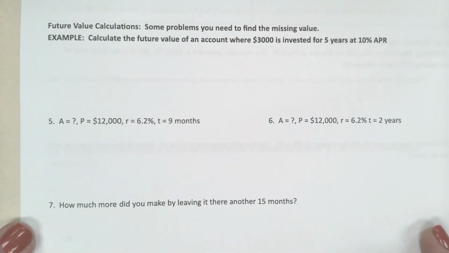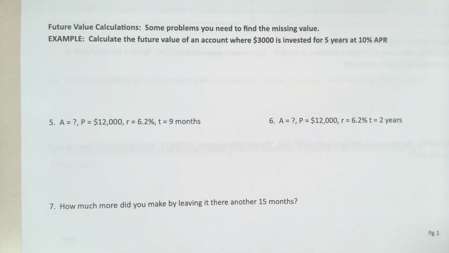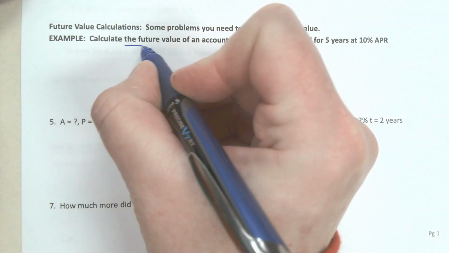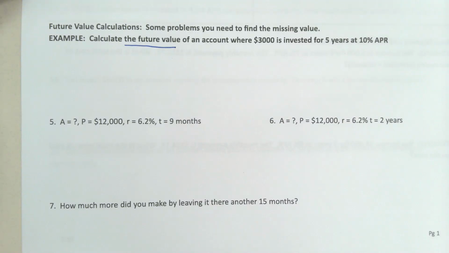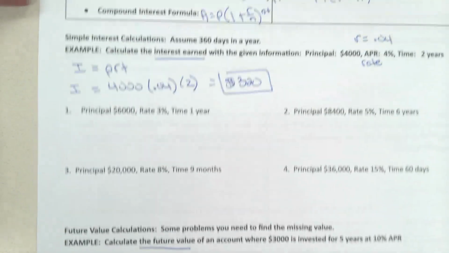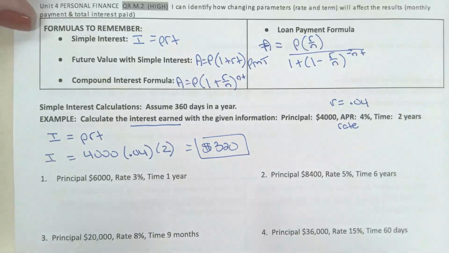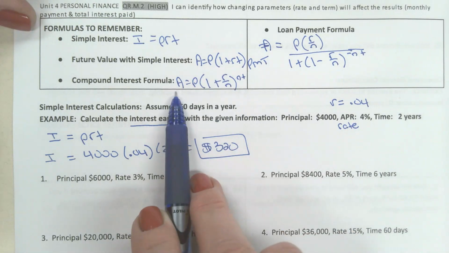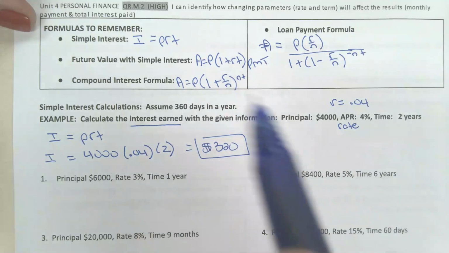Moving down to the next example, we are going to do future value calculations. Calculate the future value of an account where $3,000 is invested for 5 years at 10%. So I have these 2 future values up here. You have to know when to use this one and when to use this one.